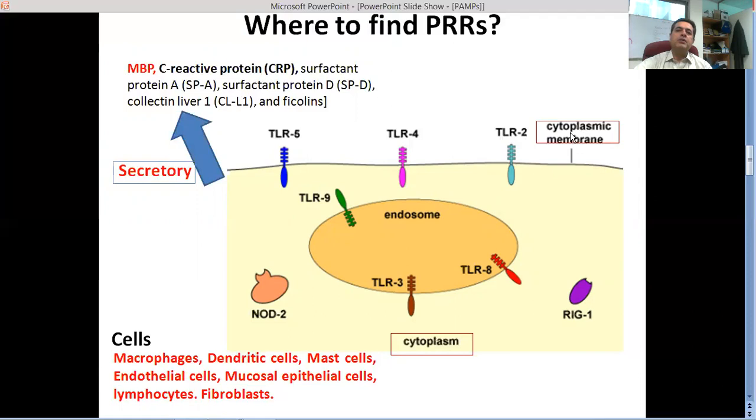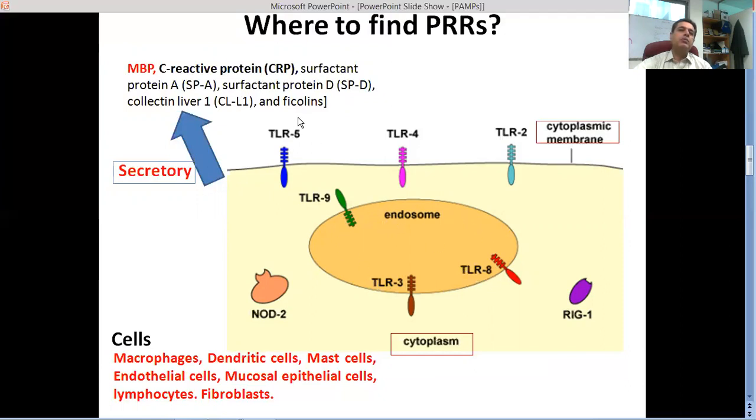These receptors are present on the surface of the cell. They are part of the cytoplasmic membrane, so they can recognize different PAMPs or different pathogens right here at the surface of the cell. Some of the pathogen recognition receptors are present in the endosomes. These include TLR9, or TLR3, or TLR8. So these are other toll-like receptors which are present on the endosomes.